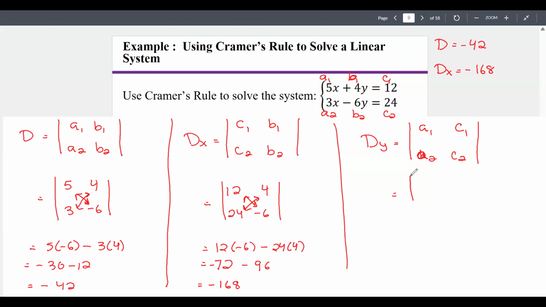Now your dy: a1 is 5, a2 is 3, c1 is 12, c2 is 24. So cross multiply 5 times 24 minus cross multiply 3 times 12. So this is going to be 110 minus 36, and you should get 84.